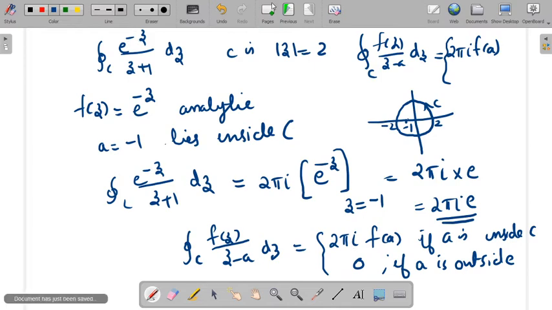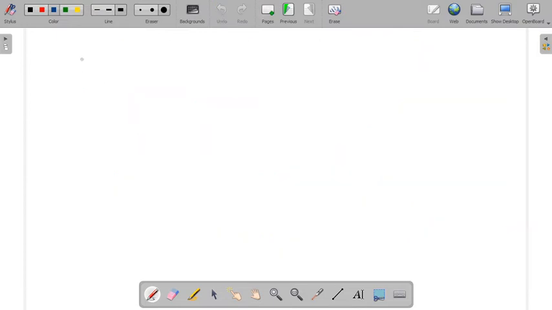Now consider the integral over C of e raised to minus z divided by z plus 1 the whole cube dz. If we want to evaluate this, see now the denominator is a power of a linear factor. It is of the form z minus a the whole raised to n.